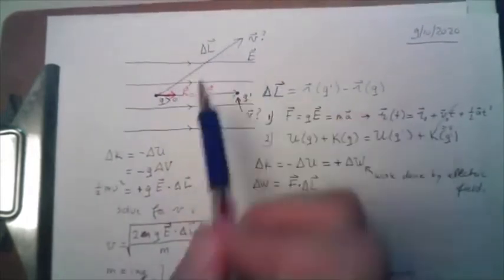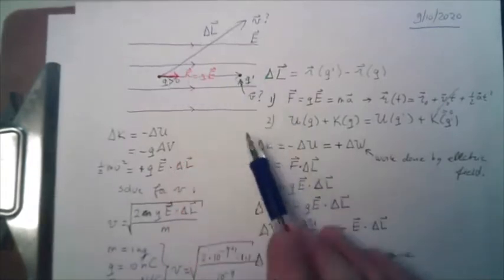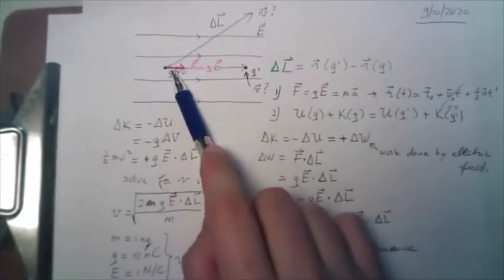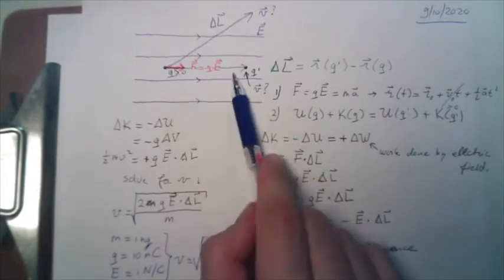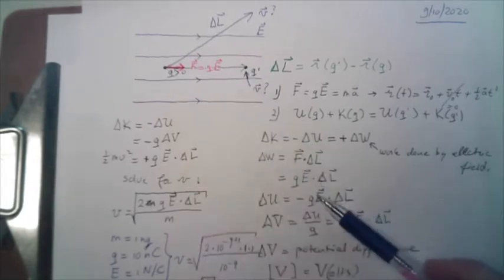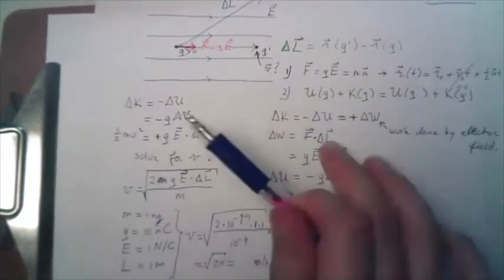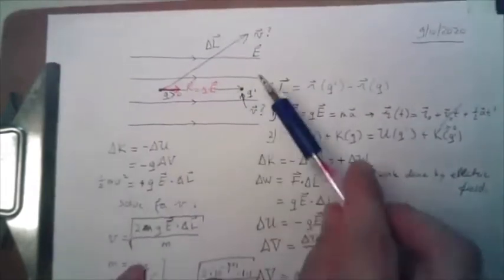All right, for the blue path, we would proceed exactly the same way. We would say, okay, the kinetic energy difference depends on the potential energy difference. We can define our potential energy difference in exactly the same way. The only thing that's a little bit different is now that E and dl in the dot product will have an angle.